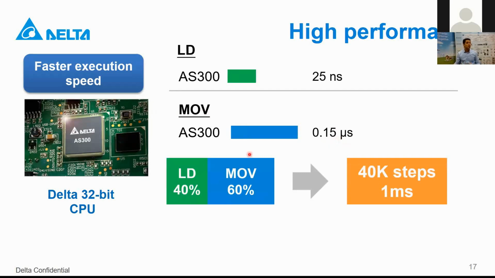So let's think about a user project of around 40 kilo steps, consisting of 40% contacts and 60% move instructions. For this program, the execution speed is 1 millisecond only. So it is just a reference for you.